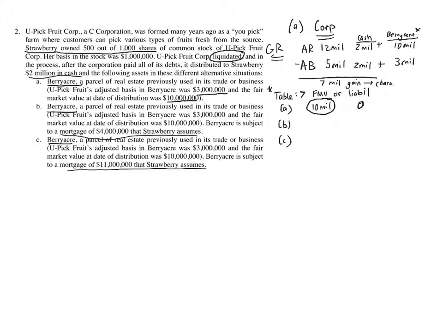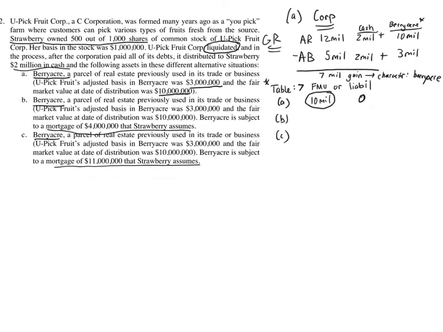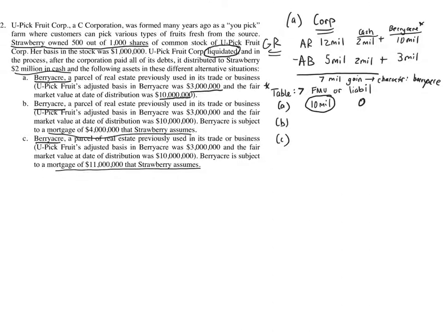Character of the gain is whatever Berryacre is. If it's 1231 asset, it's 1231 gain. If it's a capital asset, capital gain, right? If it's an ordinary asset, if it's inventory, it's an ordinary gain. Again, I'm not going to test you on that in the exam, but you still need to know the idea. So that's the corporation in A.